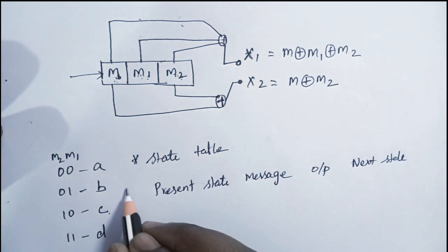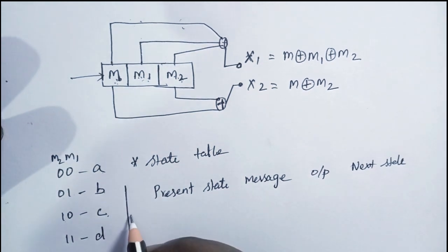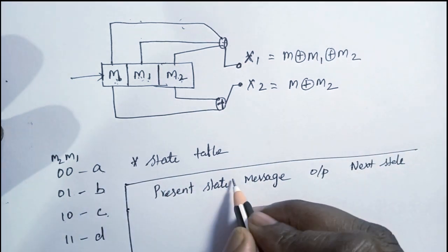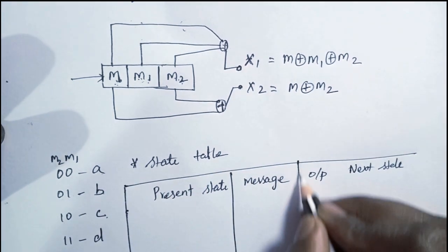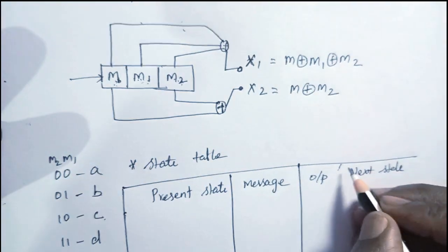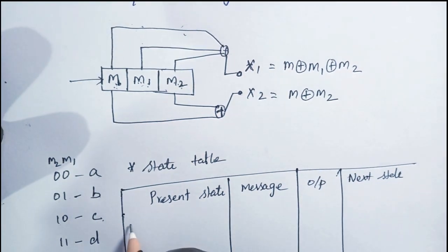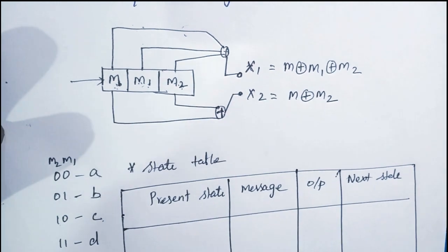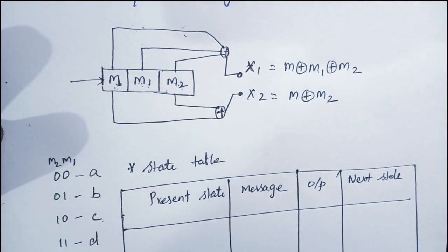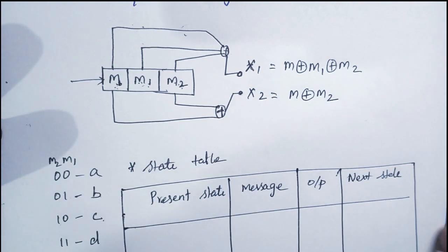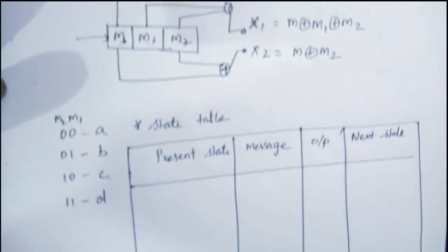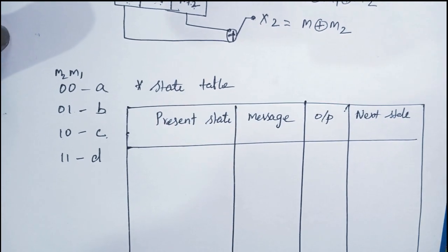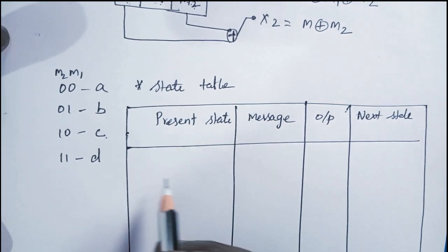Let me just simply draw a freehand table. Okay, so for the present state, I told you we have 4 states.